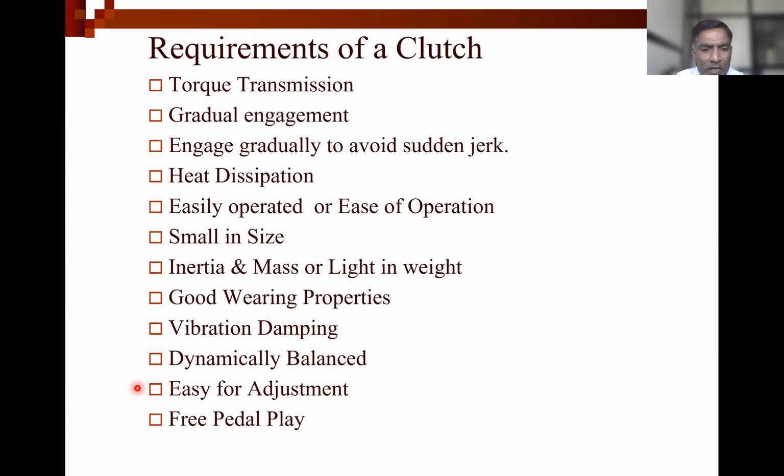Then the clutch should be easy to adjust, and it should also have less play, or you can call it free pedal play. There should be only a small play, because a driver or operator has the habit of keeping the foot on the clutch pedal, and if there is no play, then what will happen?